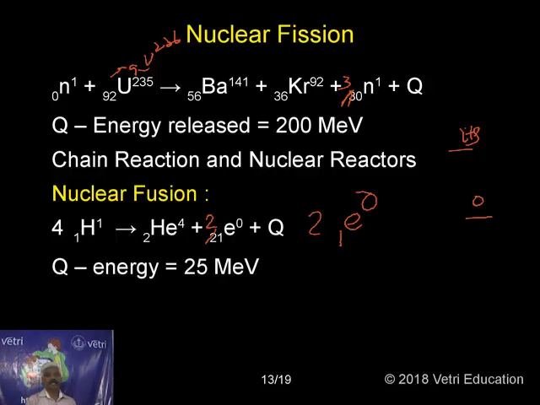Due to nuclear fusion only, we are getting a large amount of energy from the sun. So solar energy is due to nuclear fusion. We know the sun is the nearest star. In stars and the sun, we have to understand the proton-proton cycle or carbon-nitrogen cycle.